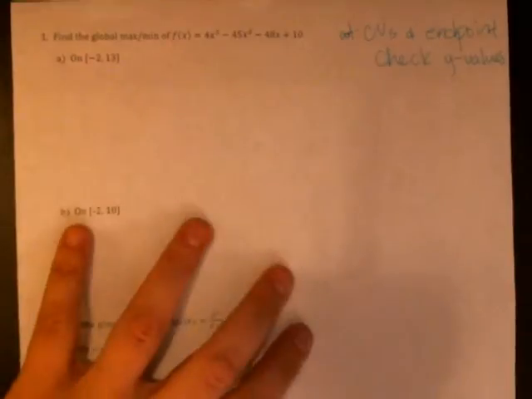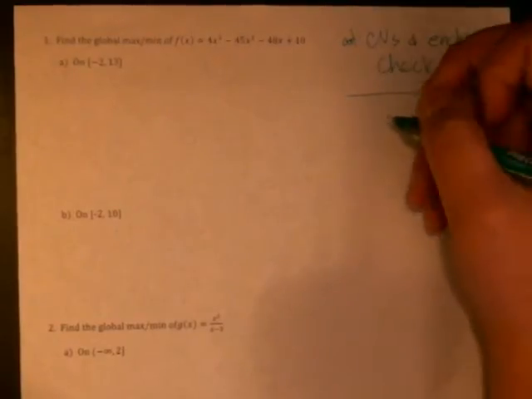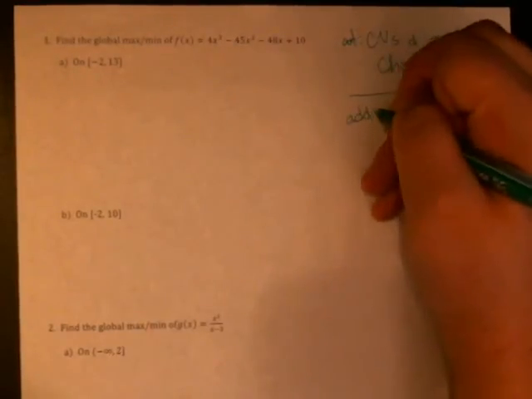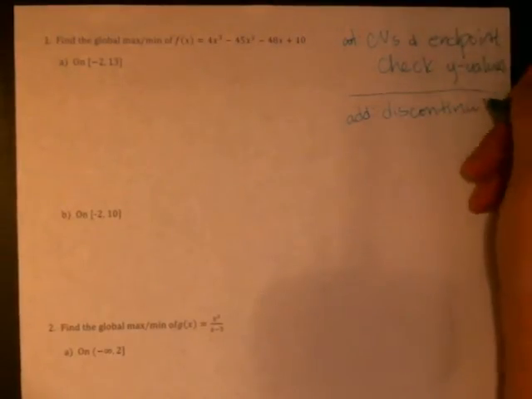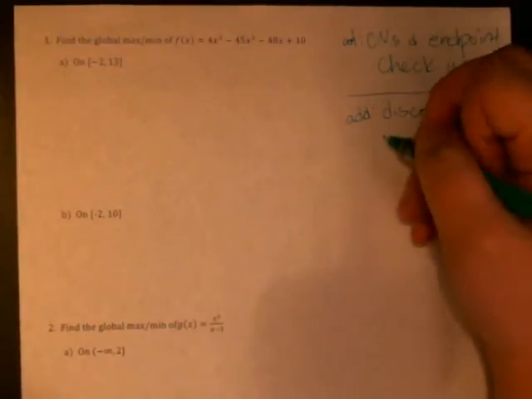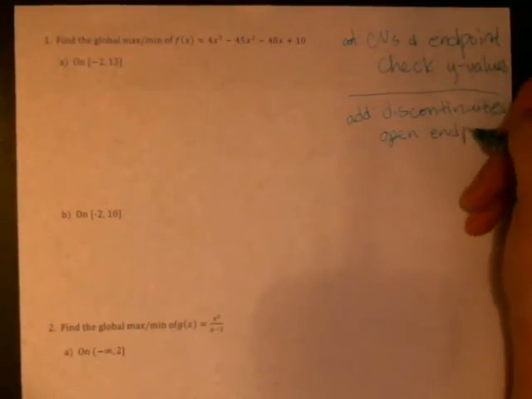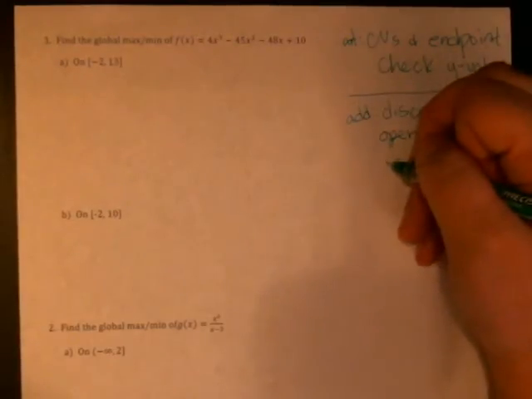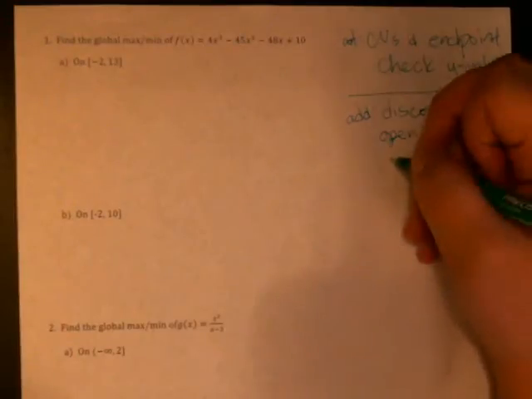Okay, what gets a little tricky is if you violate the extreme value theorem, you're also going to check discontinuities. So if needed, you're going to add discontinuities, open endpoints, or, I never know how to say this, it's open-ended.